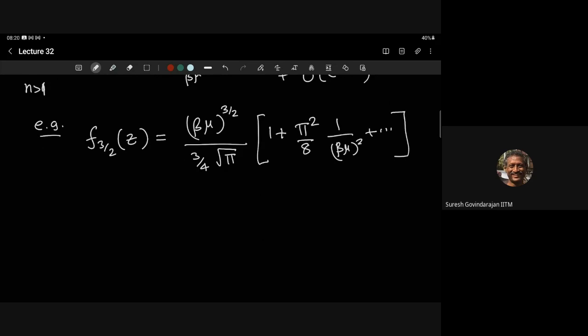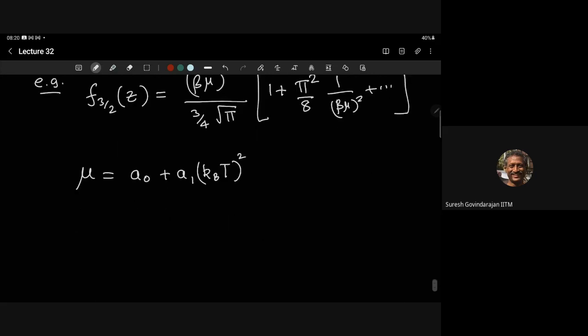We will say that mu is equal to two constants, I'll just call them A0 plus A1 into T square. I'm converting it into energy in a short move.